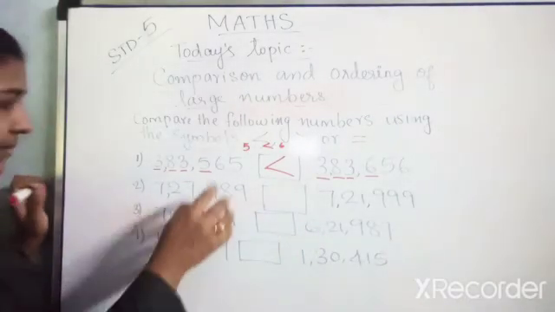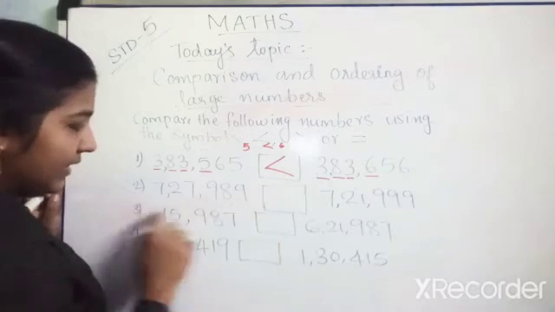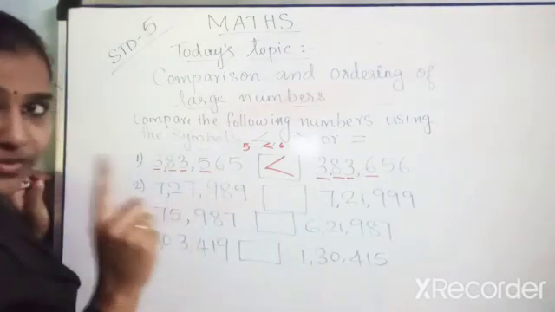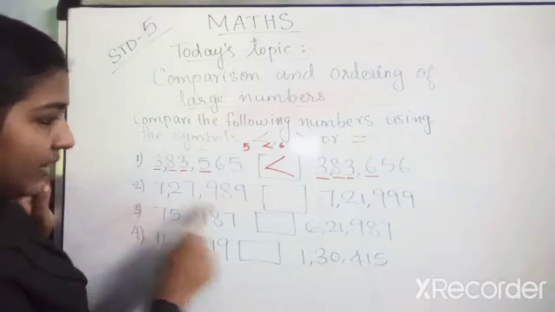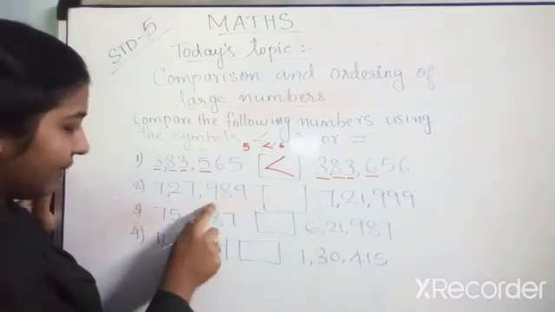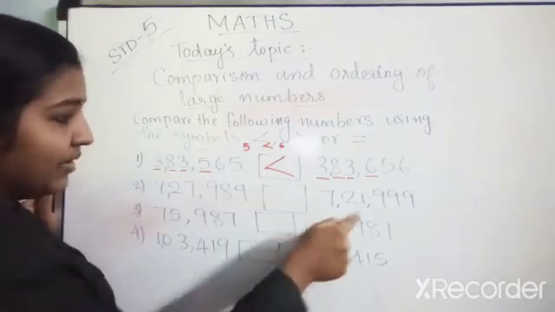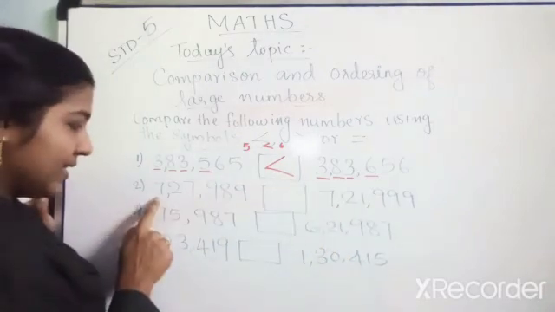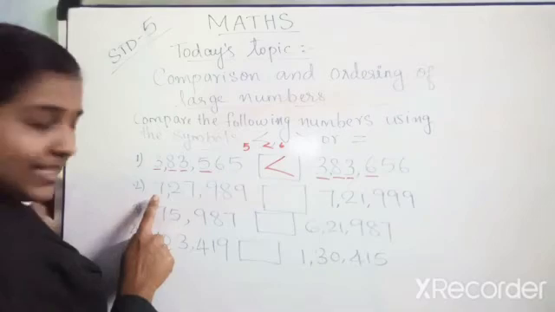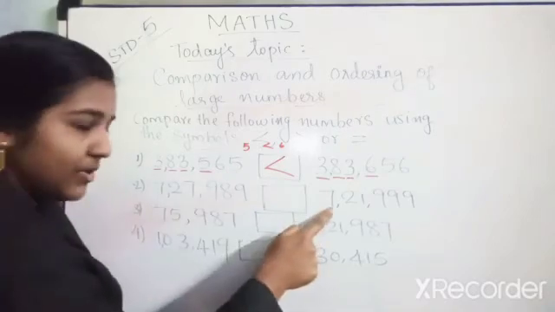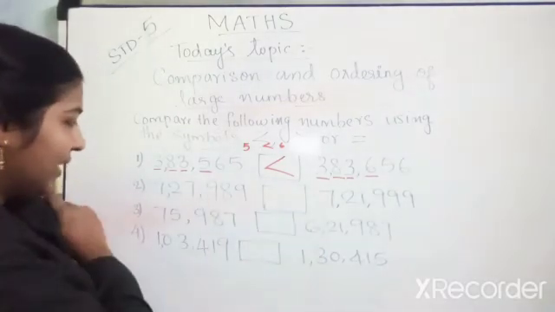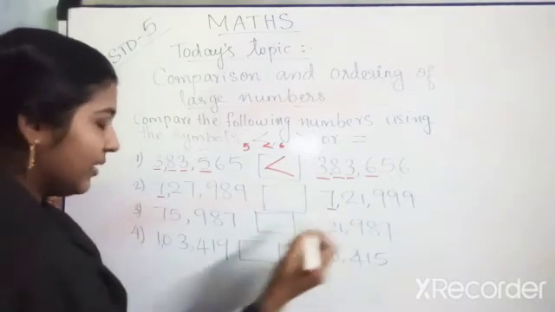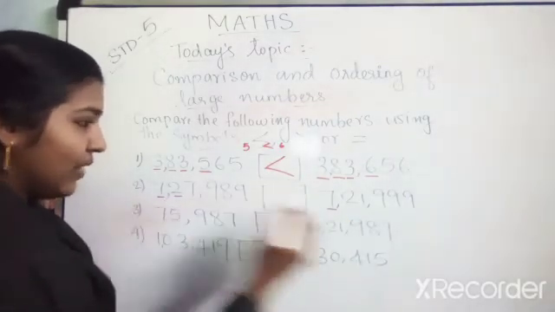Now the next one. And the next number, first you check the number of digits in both numbers. Here the number of digits is the same, isn't it? It's a 6-digit number and this one is also a 6-digit number. Now compare the digits at the lakhs place, that is 7 is equal to 7. Then move to the next place. Both are equal, so move to the next place. 2 and 2.